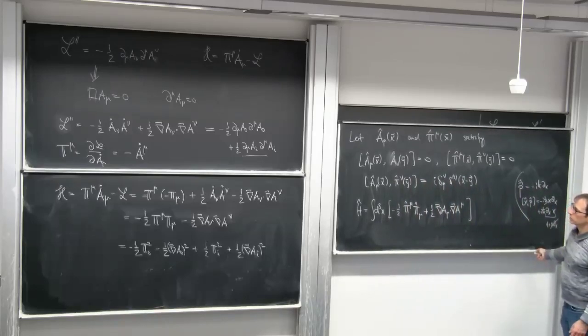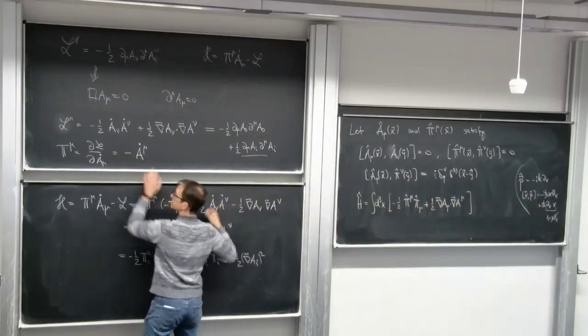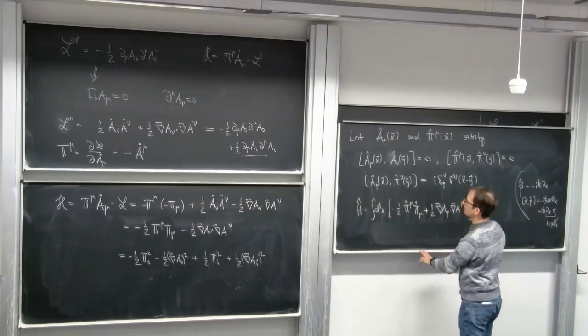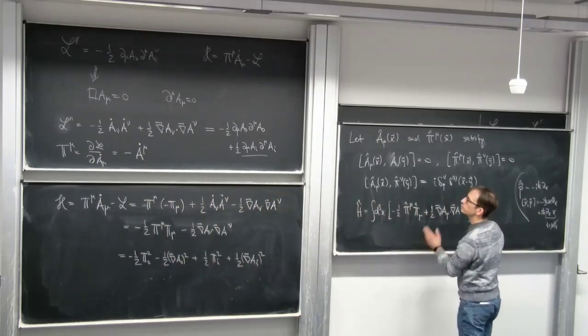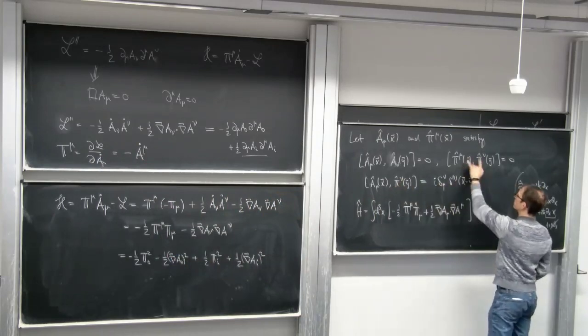We could also insert this thing now, like the Pi is just A dot. Then we get a minus sign here because this is extra A dot. And here it's just A dot and A dot.